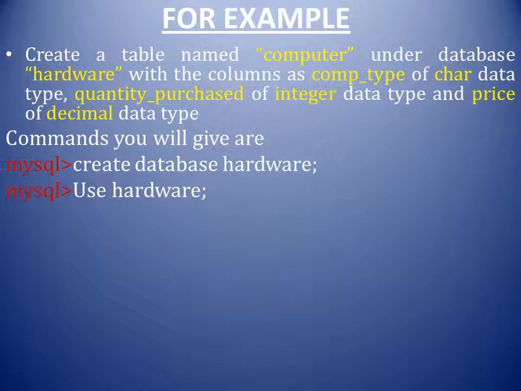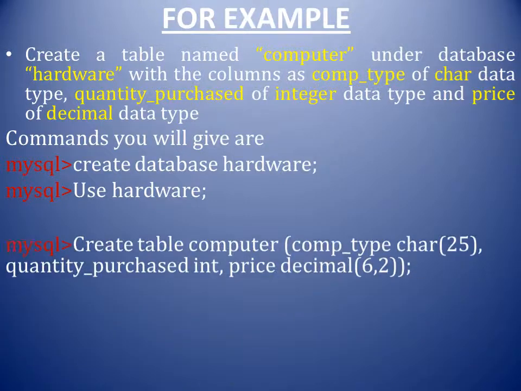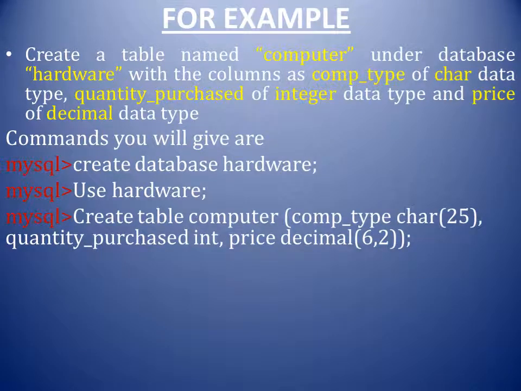This will open the database in the MySQL server, and now we are ready to create our table by the name computer. The create table command: computer type, char, 25, quantity purchased, int, price, decimal 6,2.